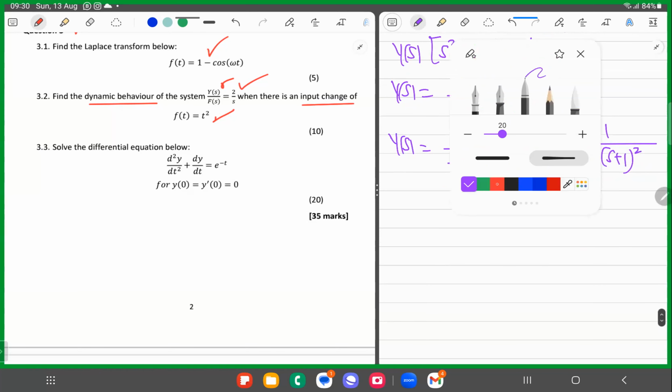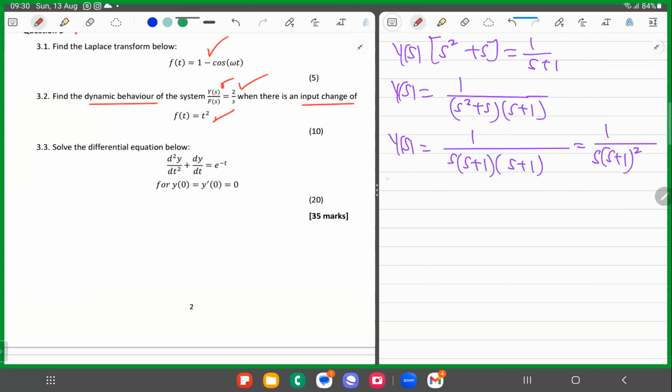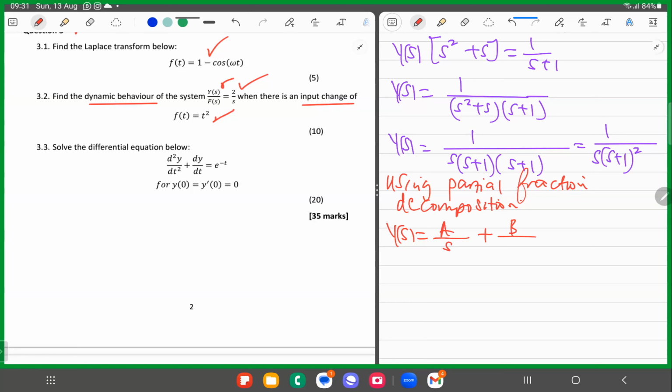So using partial fraction decomposition, it means Y of s is the same as A over s plus B over s plus 1 plus C over s plus 1 squared.